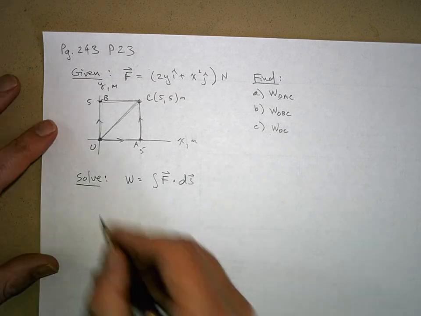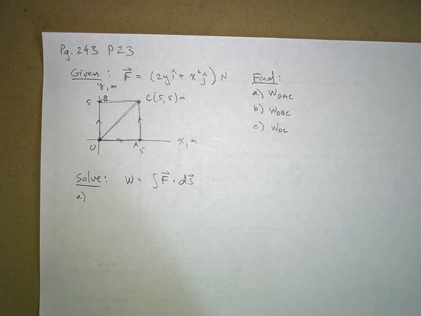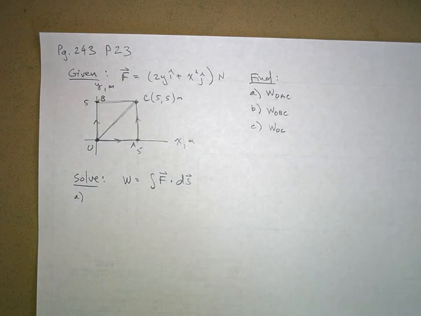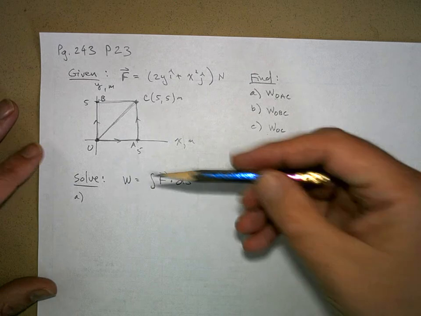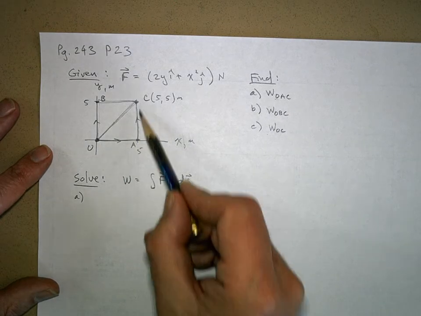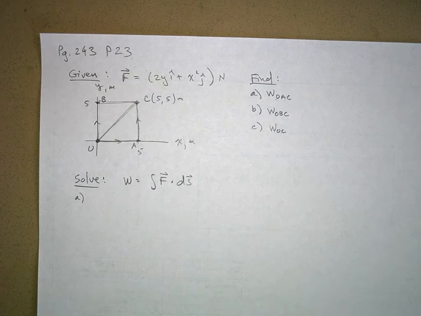And so let's do this for part A. Now, remember, this is a sum, so we're going to add up things. And so you can break up an integral. When we go from O to A, and then we'll go from A to C. So we're going to break it up into two parts because there's different things going on.